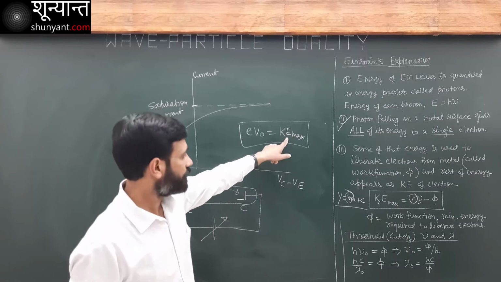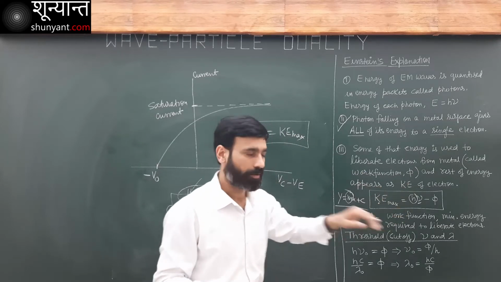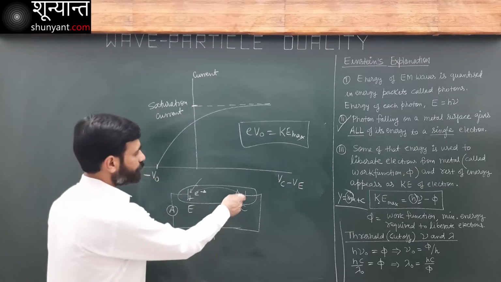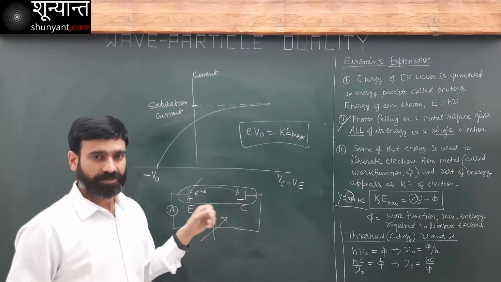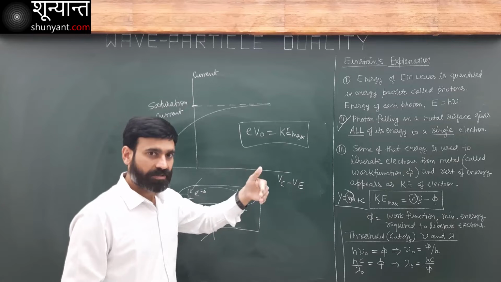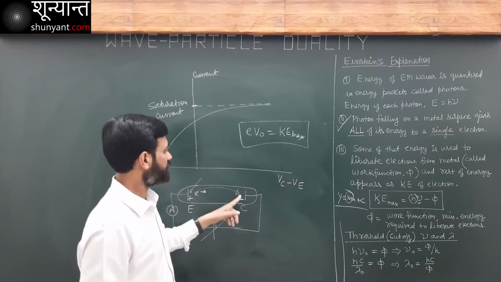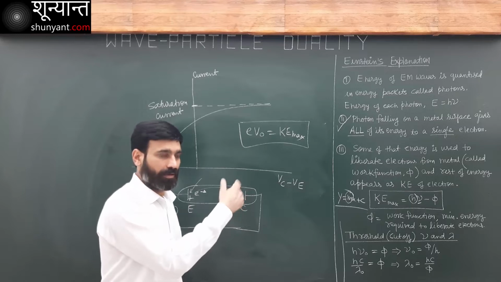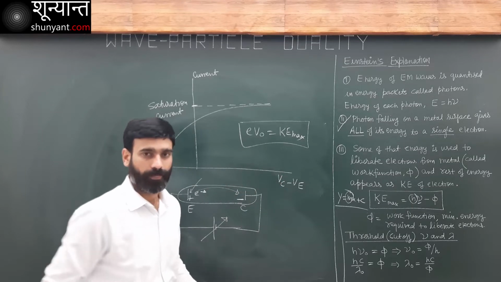And what is this equal to? This is equal to this. Now, if I slowly start making it positive, then electrons will start to be attracted towards this plate. Slowly the current will grow, it will increase.